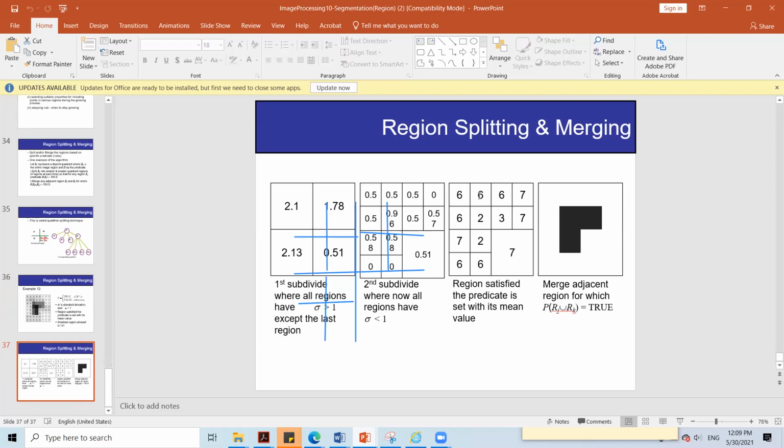Is this similar to this one? Are these two similar? Yes, right? Then you merge. These two similar or not? Yes, merge.